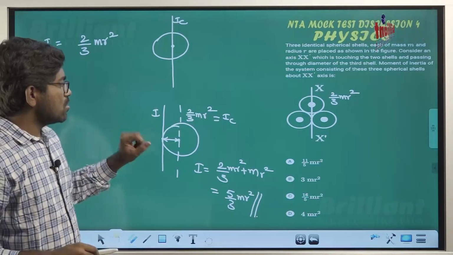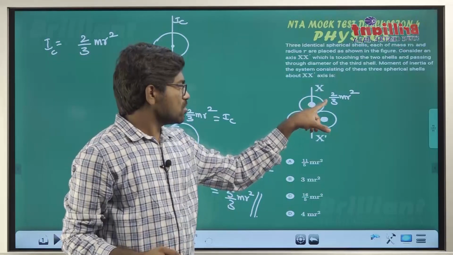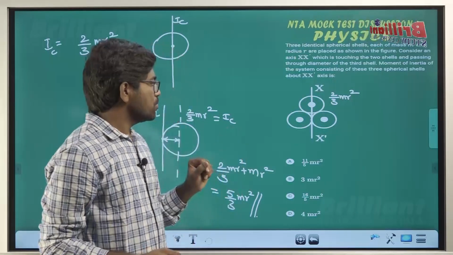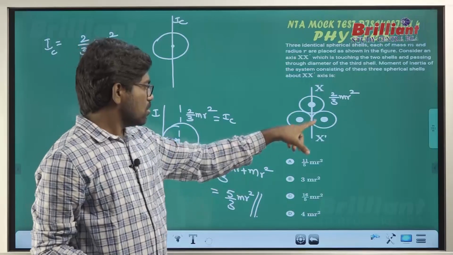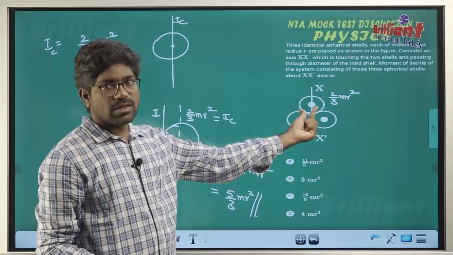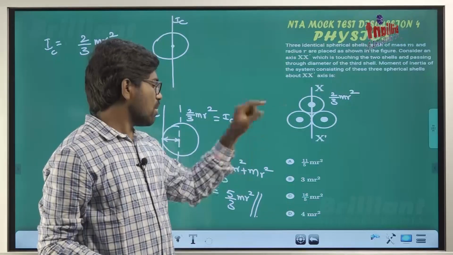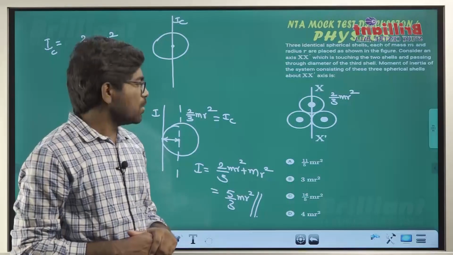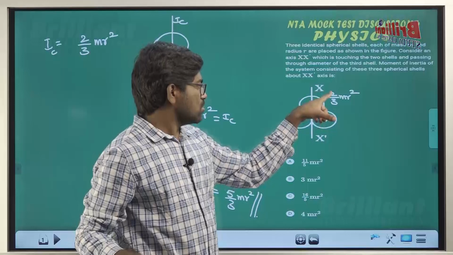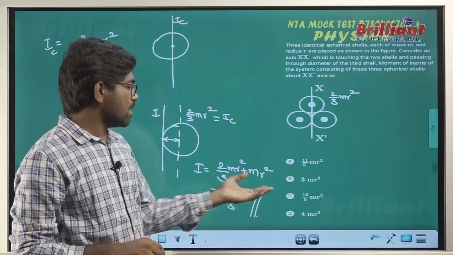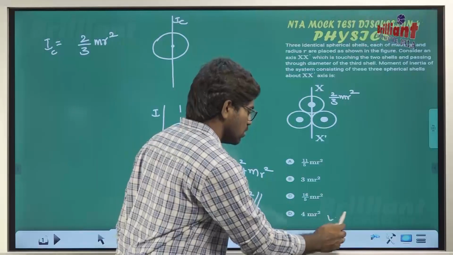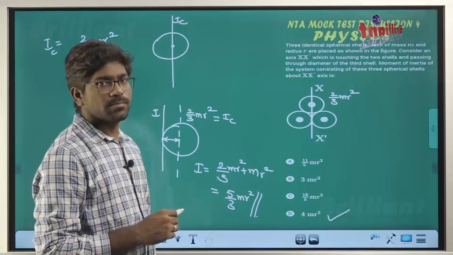So based on this, the moment of inertia of this is 2 by 3 mr square. Then these two, this one is 5 by 3 mr square and this one is also 5 by 3 mr square. So it will be 10 by 3 mr square plus 2 by 3 mr square, that will be 12 by 3 mr square. So directly you can say it will be 4 mr square. Is it okay?